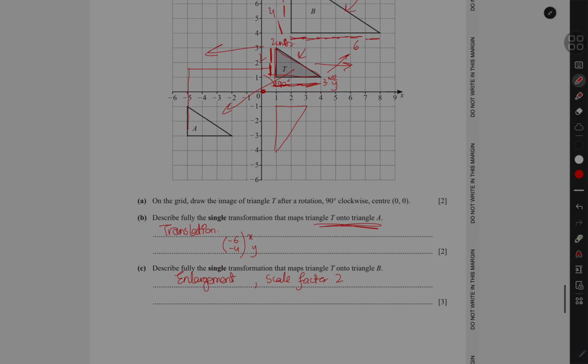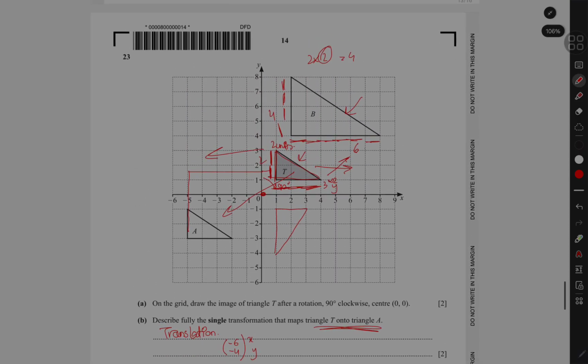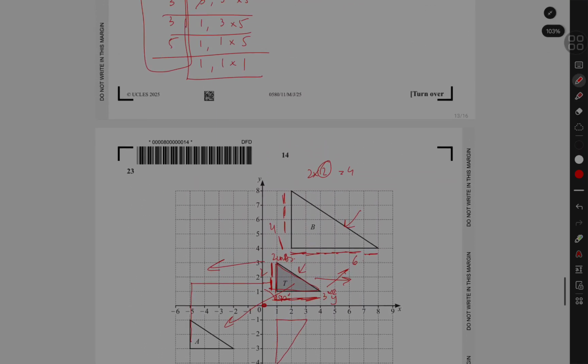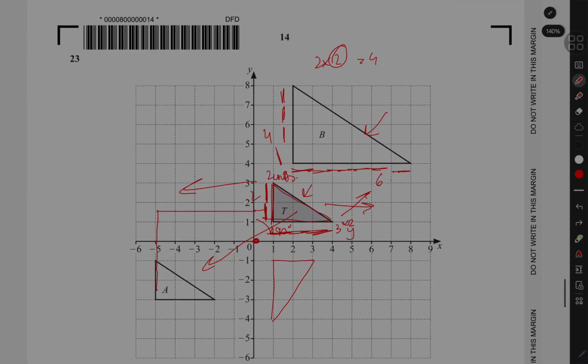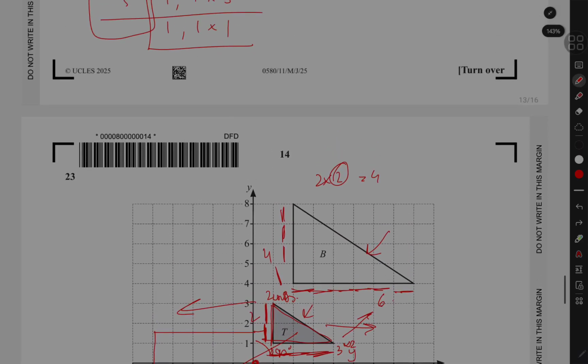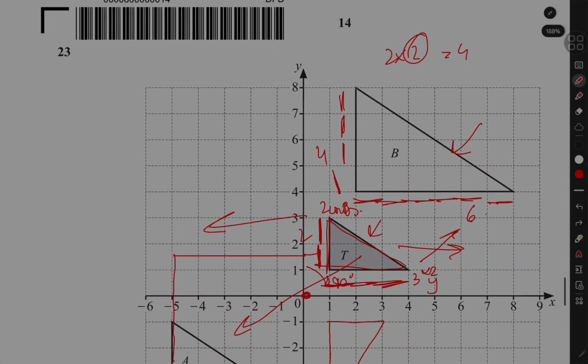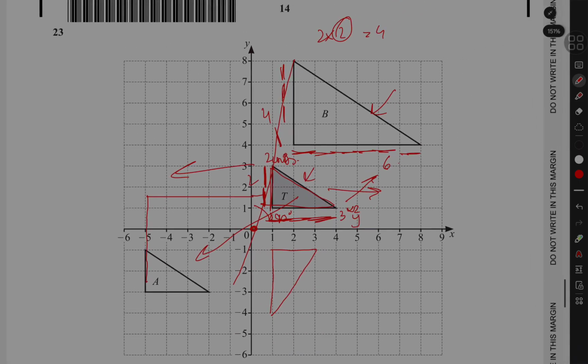is 2, and the center of enlargement, what we can do is join these lines. Let me just wing it. I guess this is the line because I don't have a ruler right now with me.